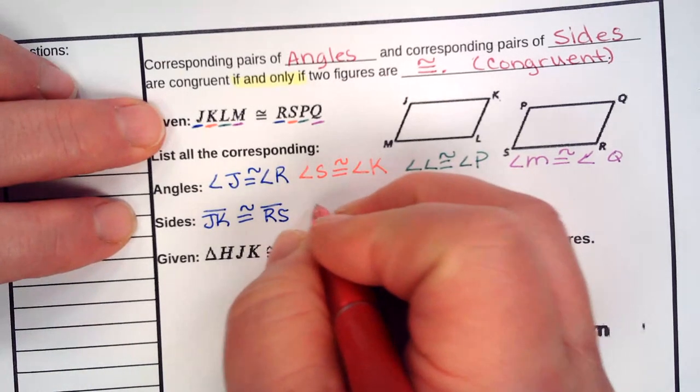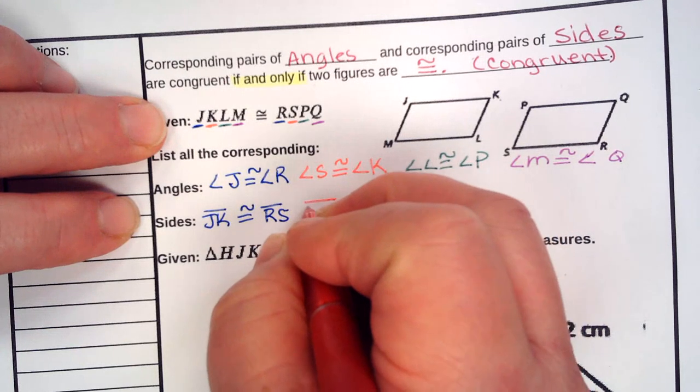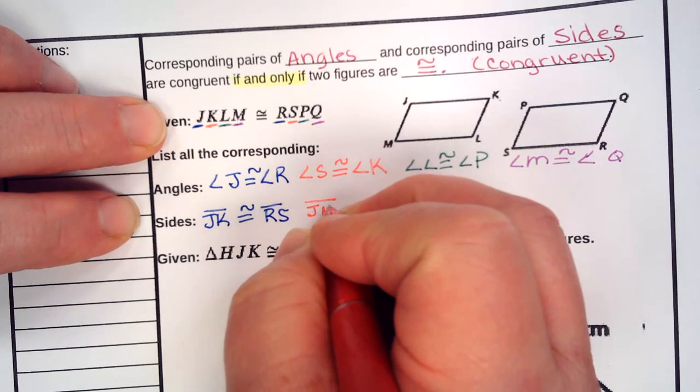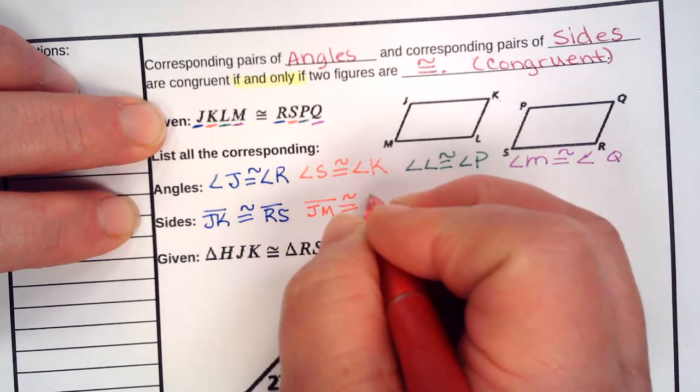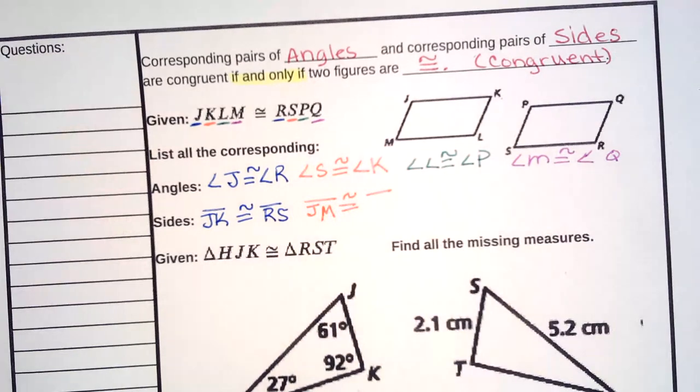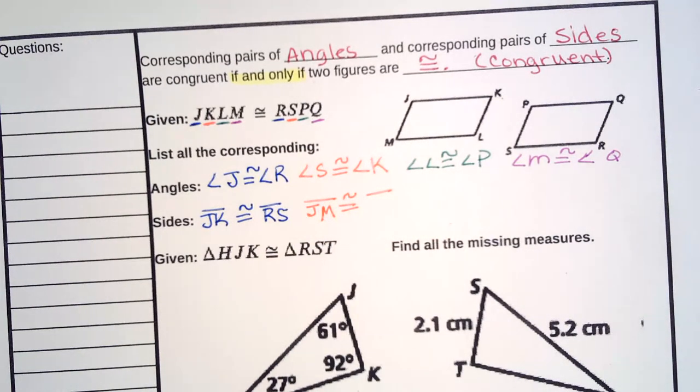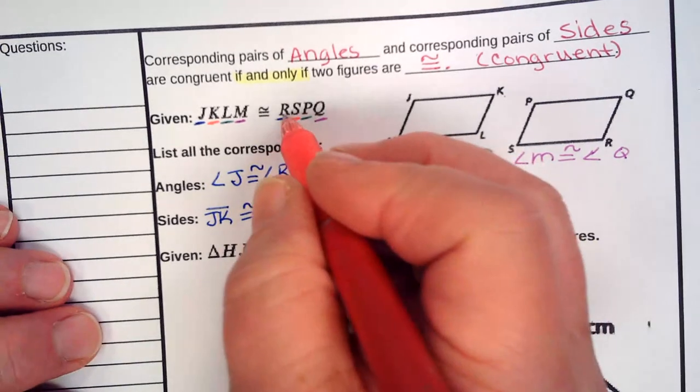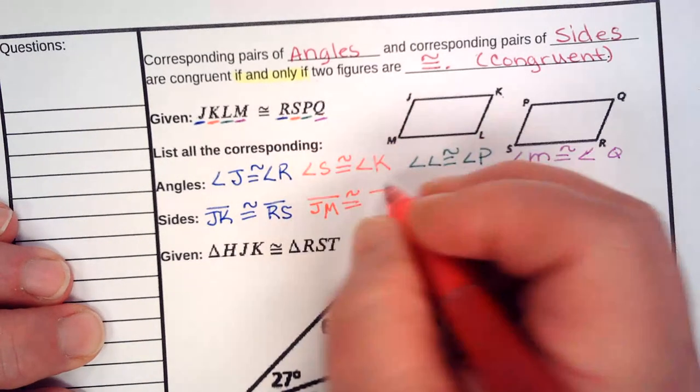What about segment JM? J is the first, M is the last. R is the first, Q is the last.